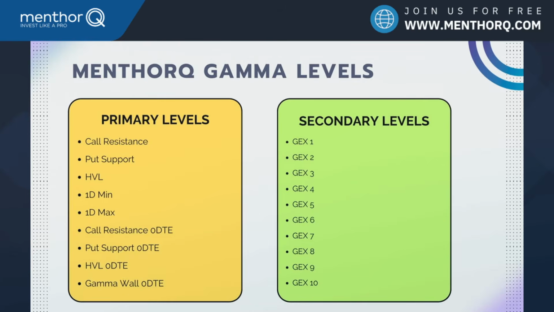Also, we can look at levels where investors and dealers may need to adjust their strategies, whether we are in positive or negative gamma. So we can look at gamma flip levels where we are moving from positive to negative gamma, and we're going to show you some examples of how to use those as well.